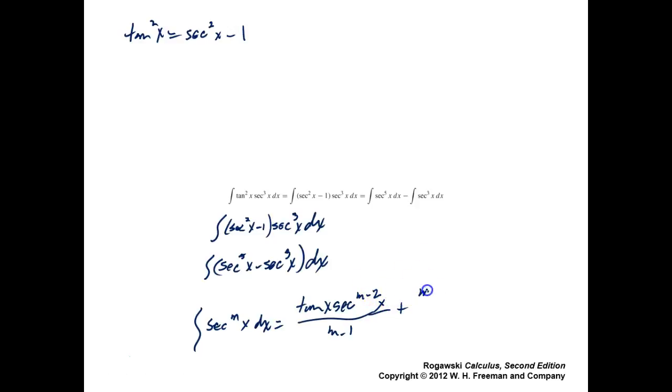Plus n minus 2 over n minus 1 times the integral of secant to the n minus 2 x dx. And that basically is the first step of what they did right there.